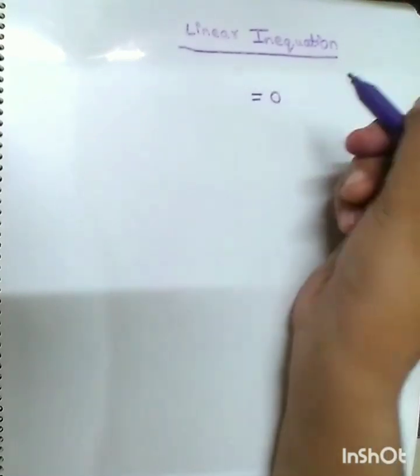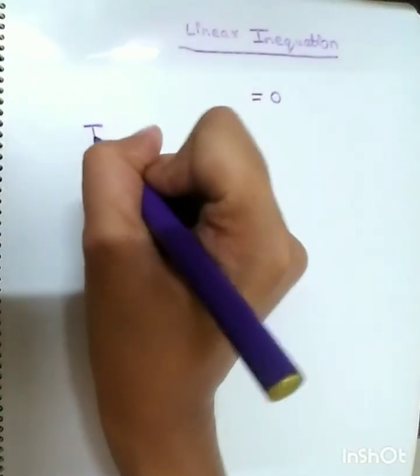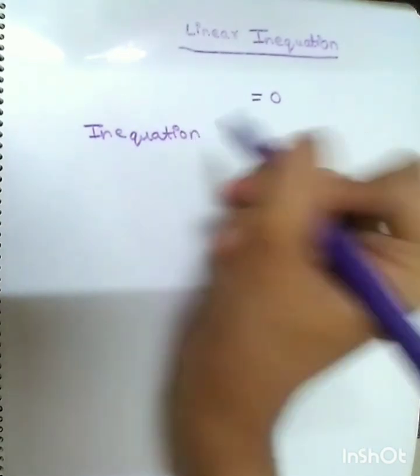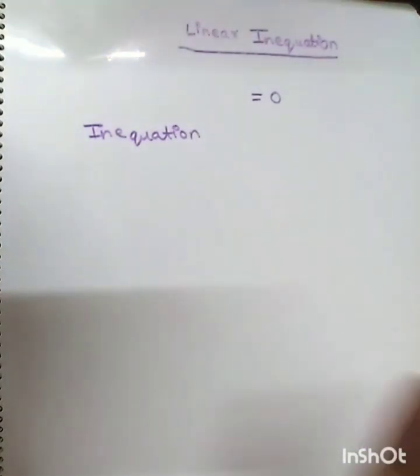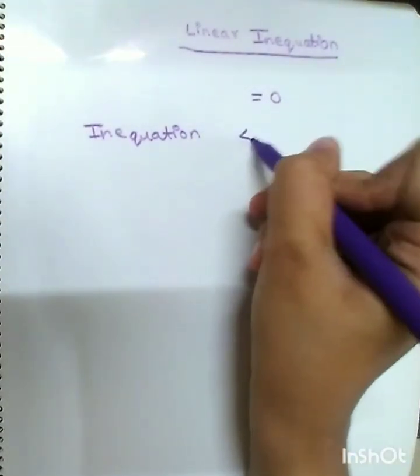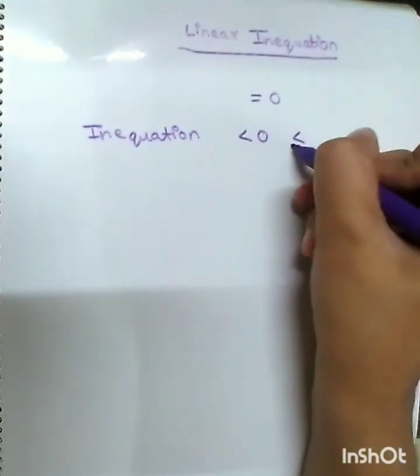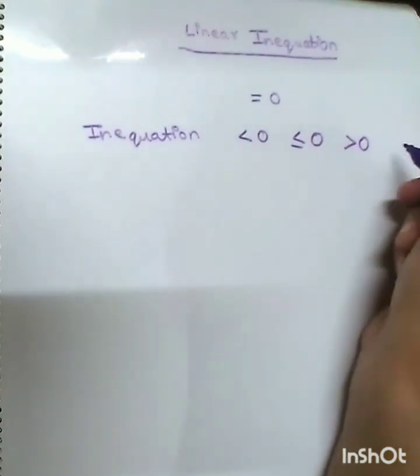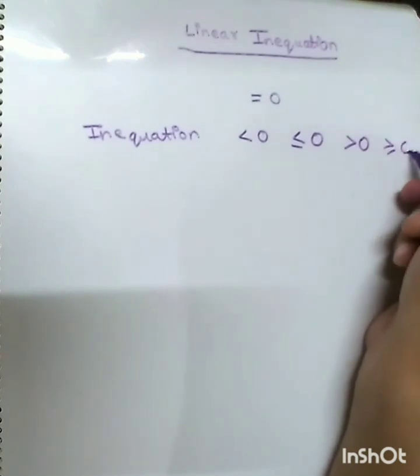Equation means the term is equal to 0, but the word inequation suggests that it is opposite to an equation. So it can be less than 0, less than or equal to 0, greater than 0, or greater than or equal to 0.